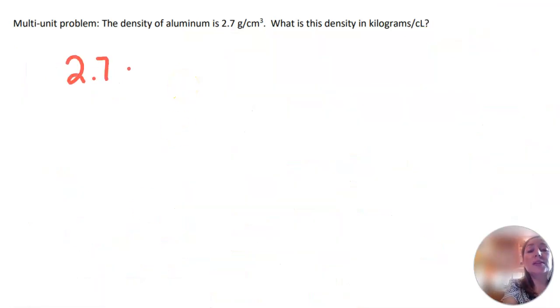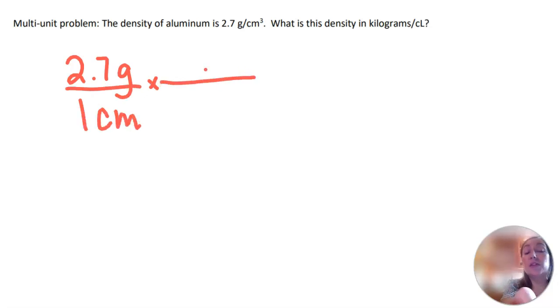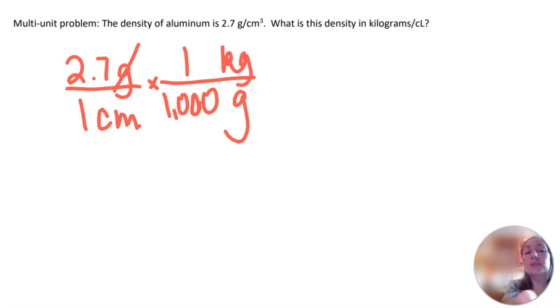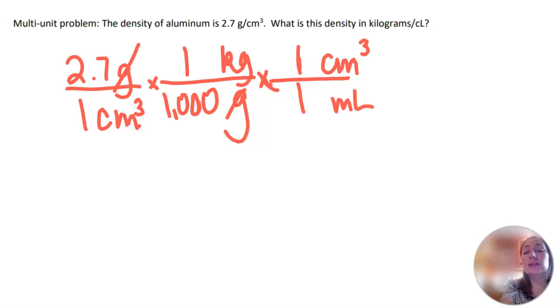So 2.7 grams per centimeter cubed. The first conversion is the same, grams to kilograms, 1 big kilogram has 1,000 little grams. But here we'd go, a centimeter cubed is the same as a milliliter.